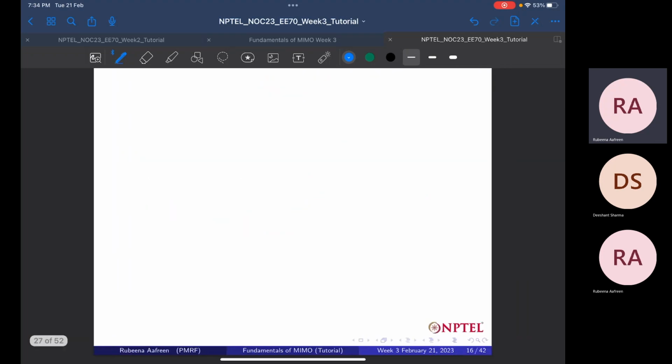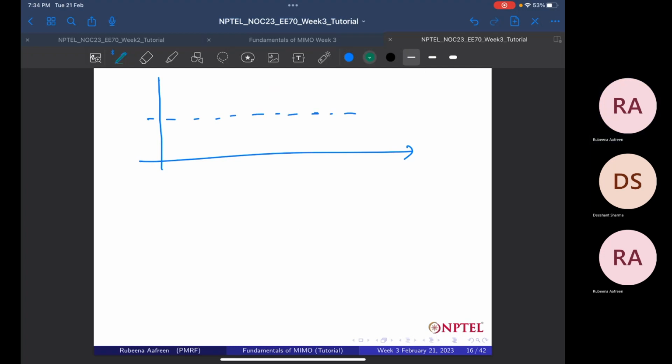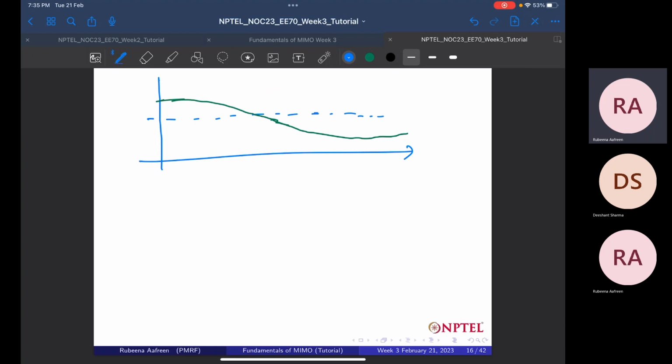So normally what we say is that slow fading is better because the signal fluctuation will be very less. But there is one case of slow fading. Suppose this is the threshold signal power. Now if the signal is slowly fluctuating, once it goes below the threshold power, it will take very long time to come up, right? So for this whole time, the whole channel will be non-usable. That will result in outage.